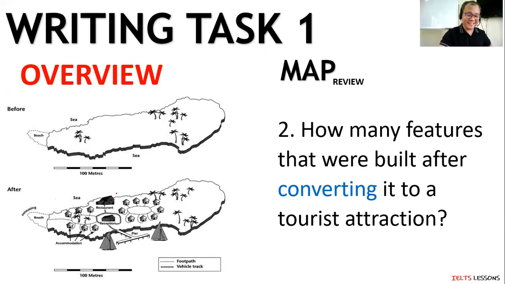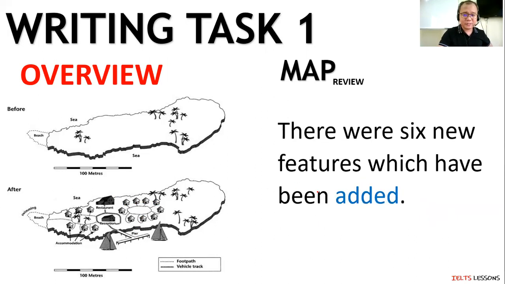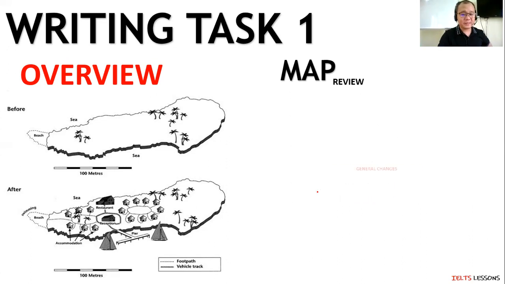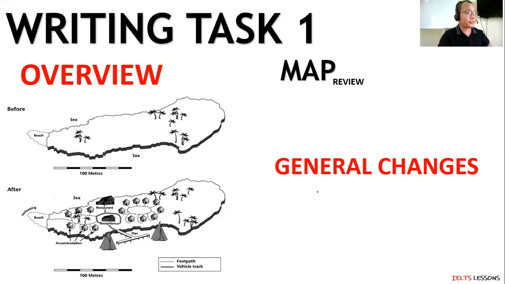Okay, maybe 4. Let us count. There is a pier, there is reception, there is restaurant, there is accommodation, there is maybe a beach for swimming, right? Let's see how many. It says here 6. There is a footpath and a vehicle track, right? So probably there are 6 features that have been added after it has been converted to a tourist attraction.